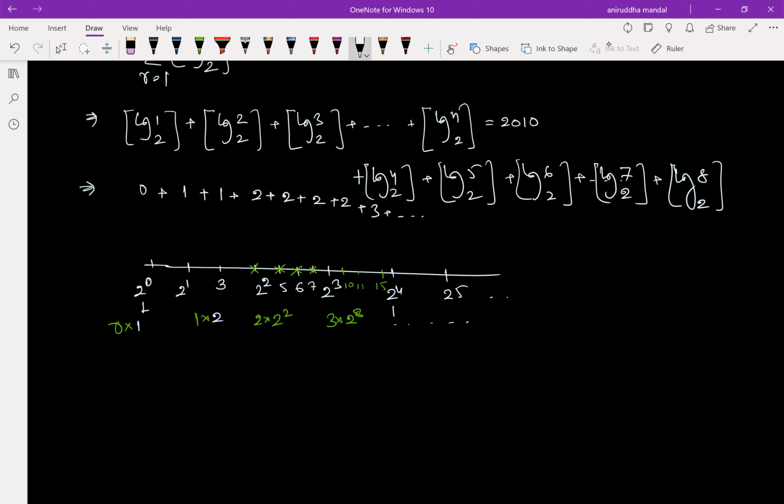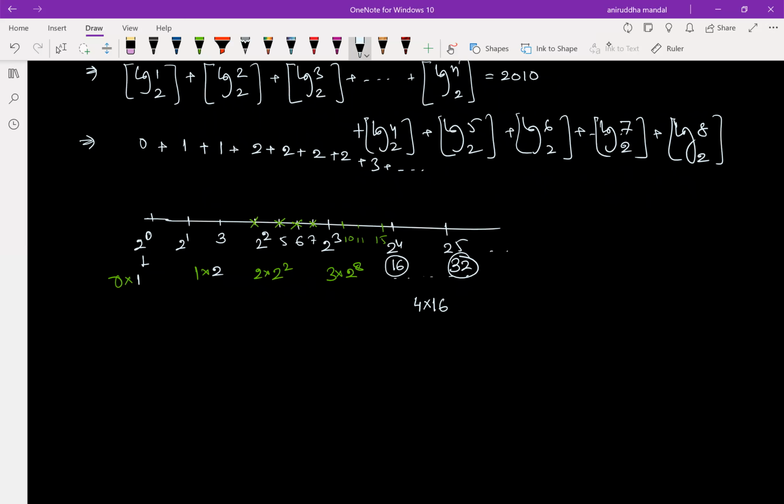From the number 16 to 32 we have 16 numbers, meaning 2 to the power 4, and the number is 4, which appears 16 times. Okay, so that means 2 to the power 4. So we observe the pattern.